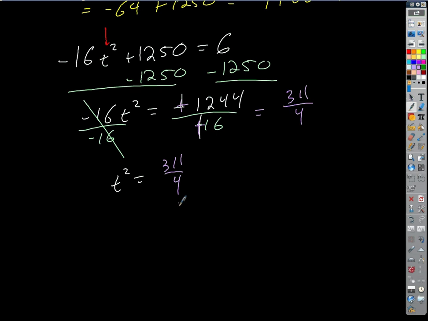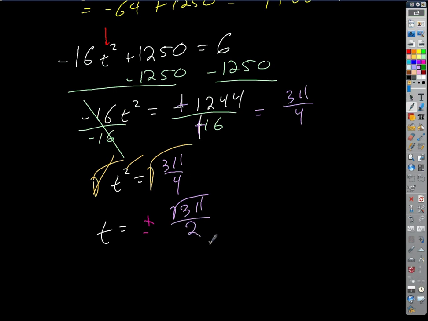And then I'm just going to square root, aren't I? If I square root both sides, it cancels the squared, so what do I get? T equals, but mathematically, plus or minus the square root of 311 over 2, right?